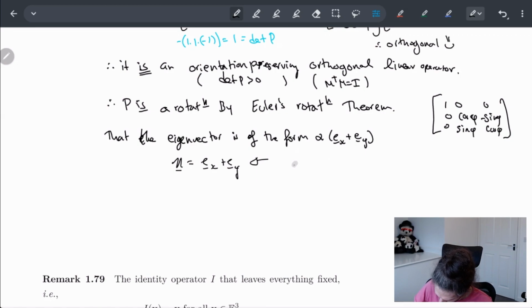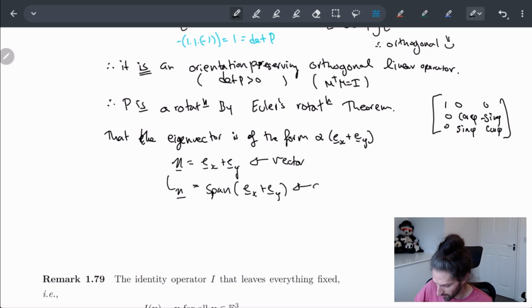This is the vector. And the span of e_x plus e_y is the axis of rotation.